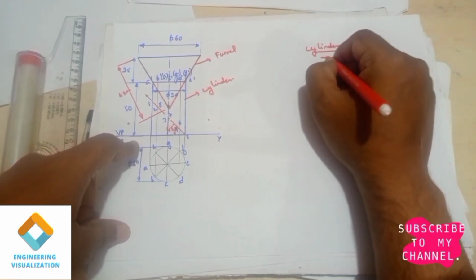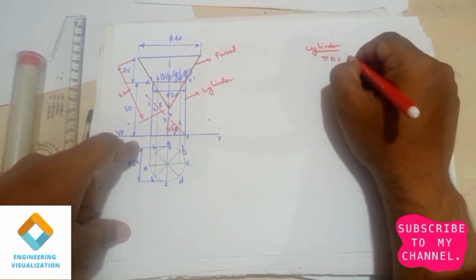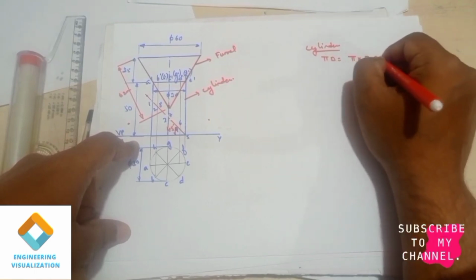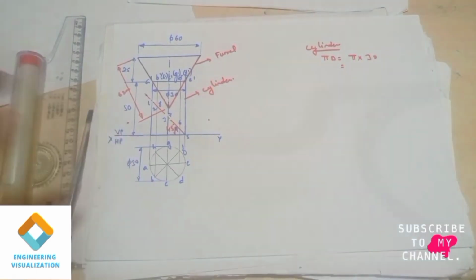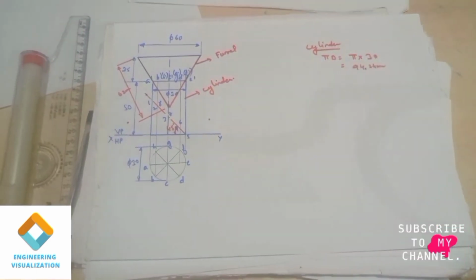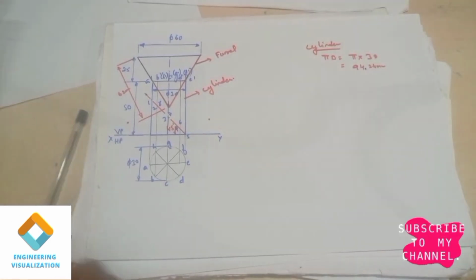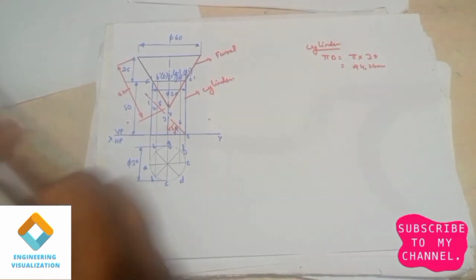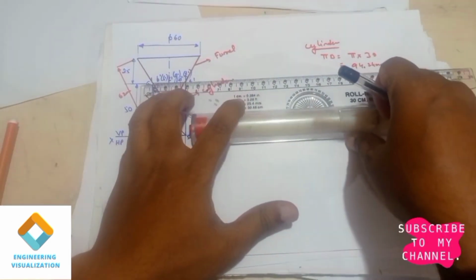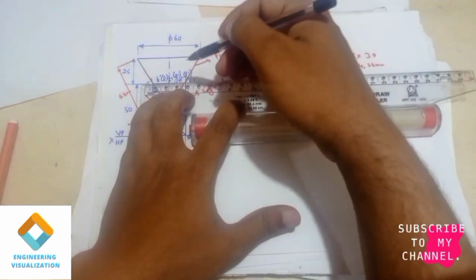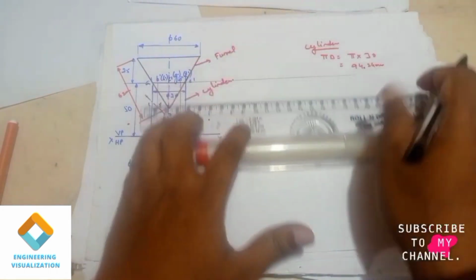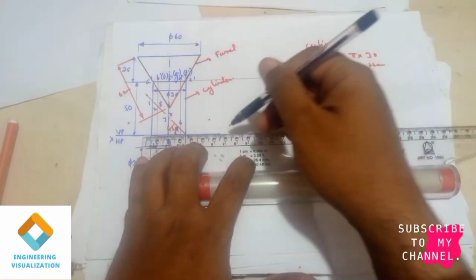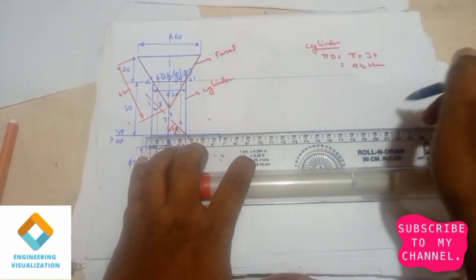For the cylinder we have the formula pi d. Pi into diameter, here it is 30. The diameter of the cylinder is 30. So the length we get is 94.24. This cylinder will be done using the parallel line method. So I'll be using two parallel lines, from this end and also from this end.